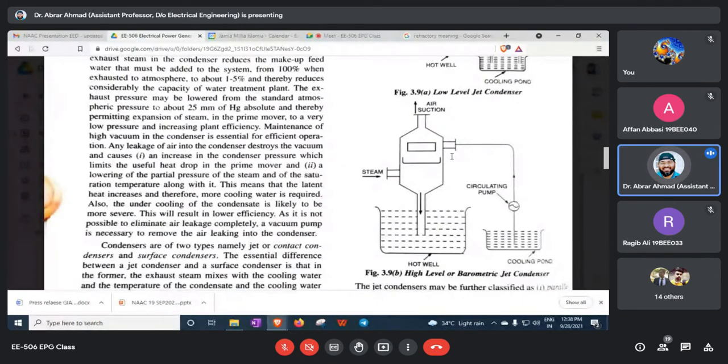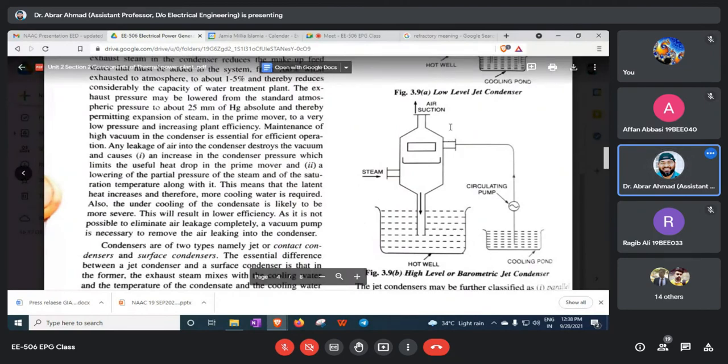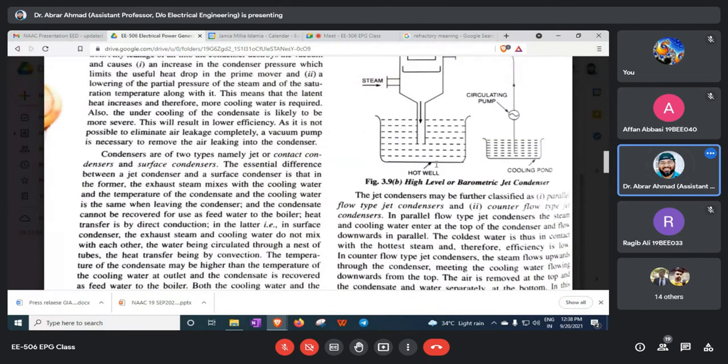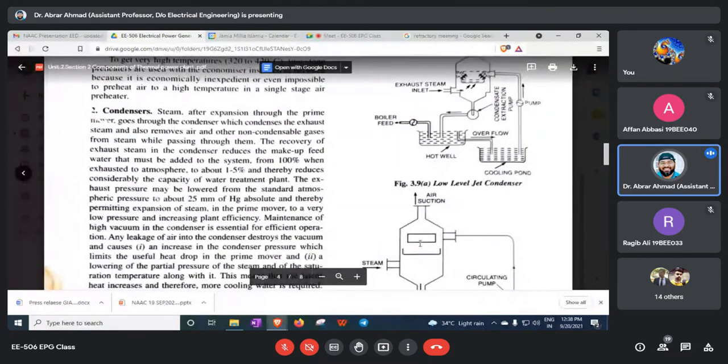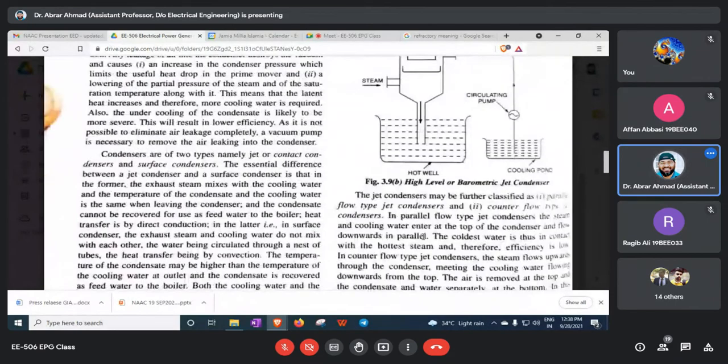When we talk about the high level or barometric jet condenser, you can see the steam is coming, air is sucked, there is a circulating pump and a hot well, and it is the same thing except that we have to have a high level of pressure.